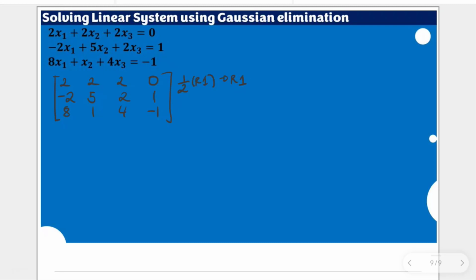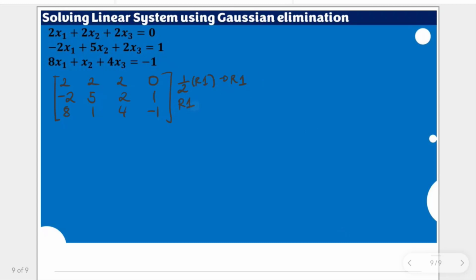Now we could actually start with this first and apply the rest of the operations afterward, but just to make this video shorter, we could also try to do this one using the same row 1. Okay, the same row 1, not this row 1 here, but the original row 1.